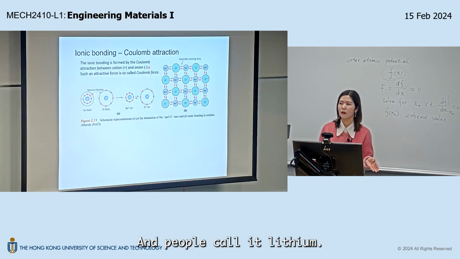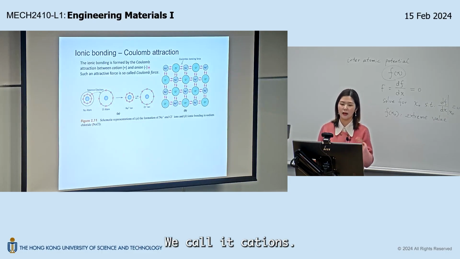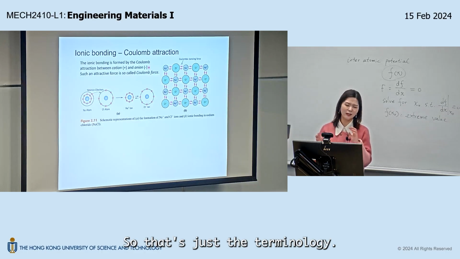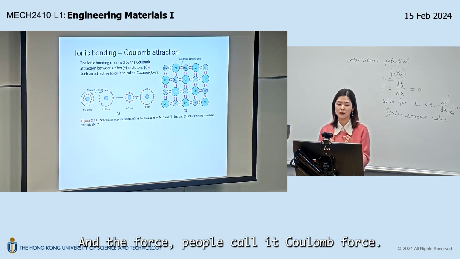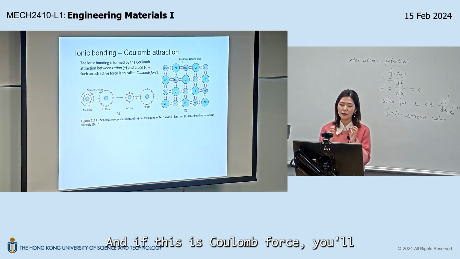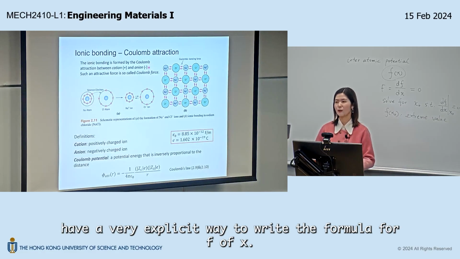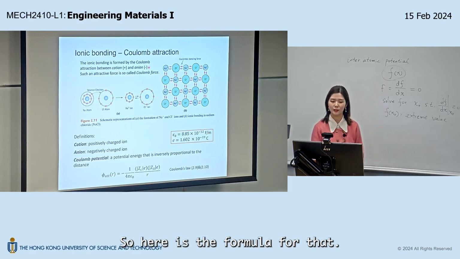And people call lithium cations, okay? So that's just the terminology, you get used to it. And the force, people call it Coulomb force. And if this is Coulomb force, you'll have a very explicit way to write the formula for f of x. So here is the formula for that.